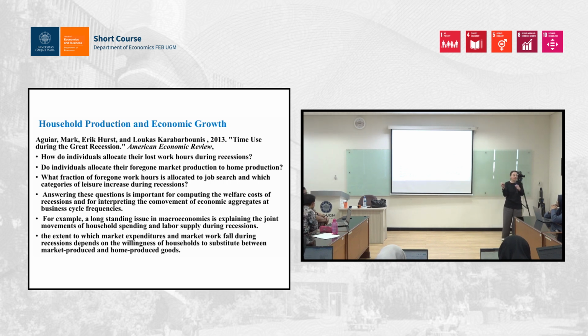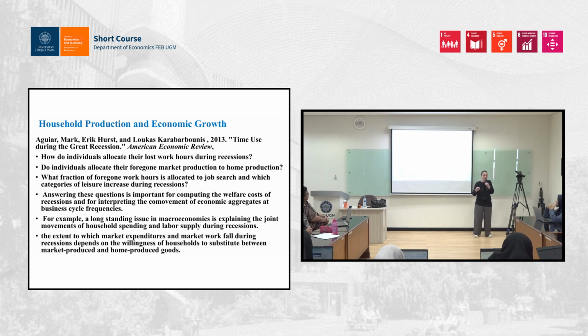Because a big part of economics studies the relationship between changes in income and changes in consumption. So if you become a consumption economist, you're really interested in how recessions are affecting consumption. And also important for inequality issues, of course. So here they come with this idea that there is maybe also some substitution between market expenditure and home production.